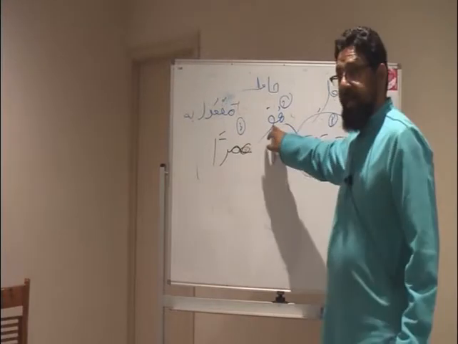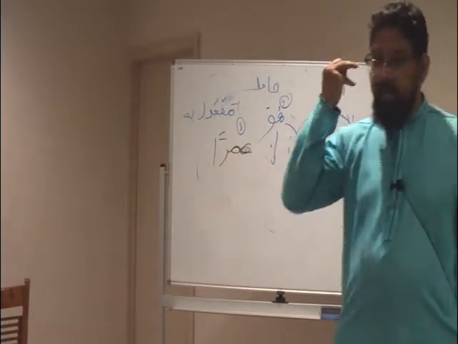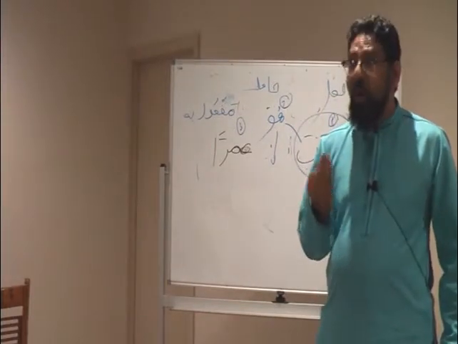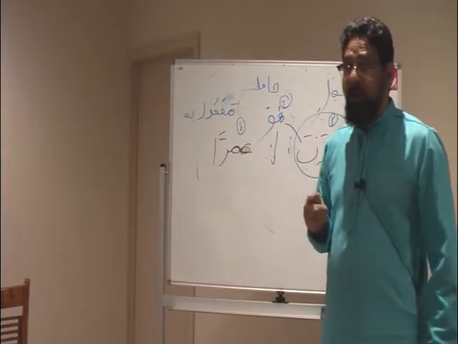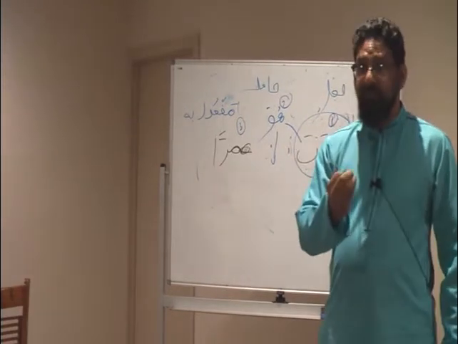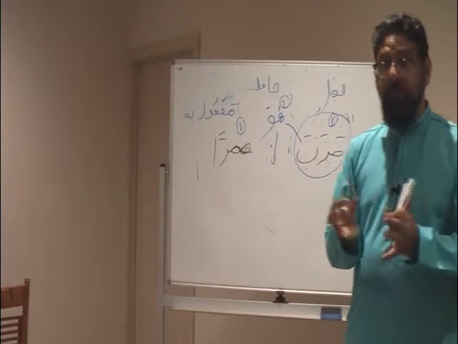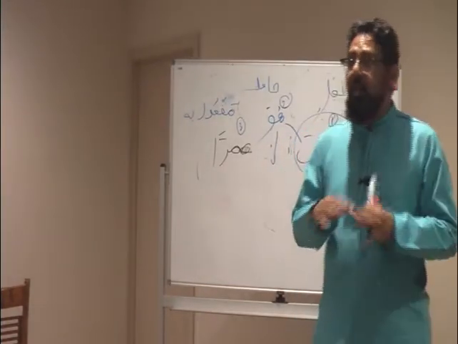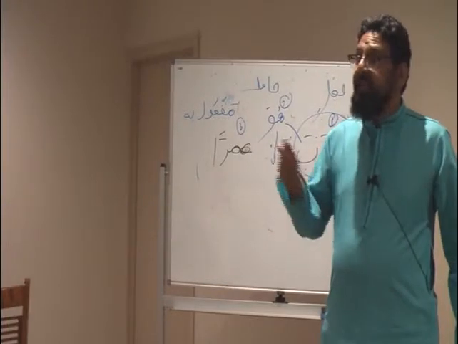So huwa can be in rafa, it can be in nasab, and it can be in jar. However, it will always look like huwa. It will not be huwi or huwa or huwu. It cannot be. It's mabni. And that's just how the Arabic language is, and that's the 10%. But in the vast 80-90%, if it's Zaid, there's going to be Zaidun, Zaidan, Zaidin.